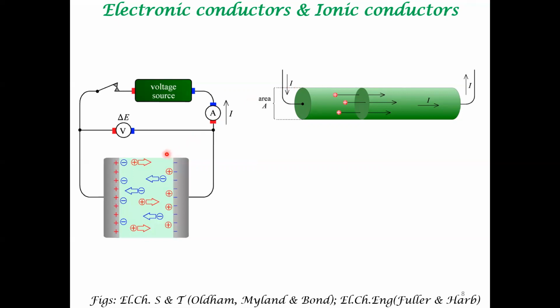But in electrochemical systems, in the ionic conductor, there can be two kinds of mobile charges: positively charged mobile charges and negatively charged mobile charges. They respond differently to the presence of a potential drop, and both the flow of negative charges and the positive charges contribute to the flow of current.